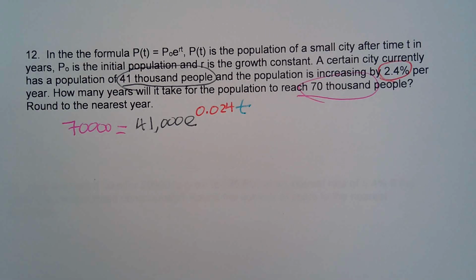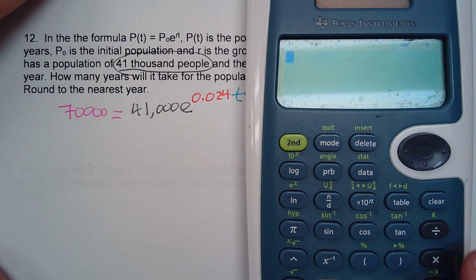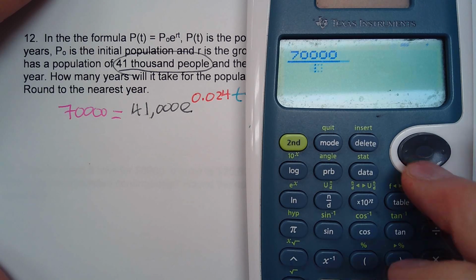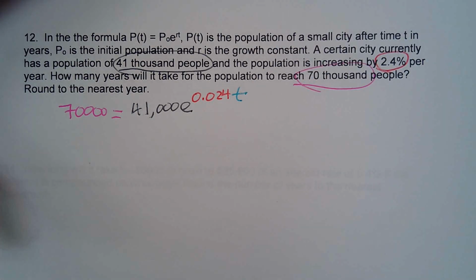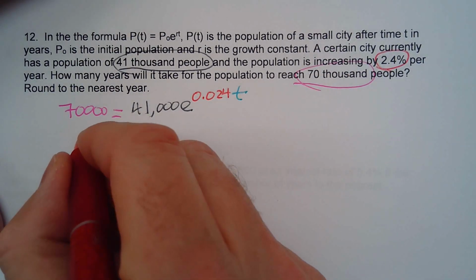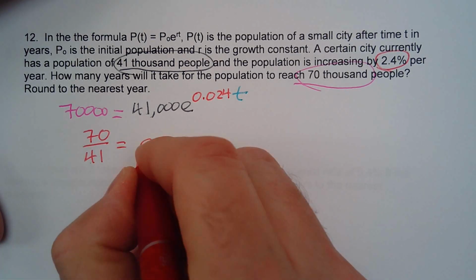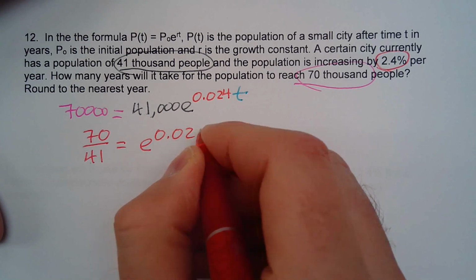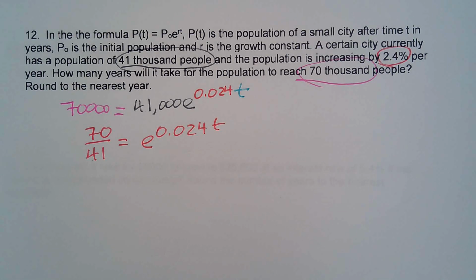So let's grab our calculator. And we're going to first divide both sides by 41,000. So that's 70 over 41. We'll just leave it as a fraction. So I'm trying to get at t. t is an exponent.